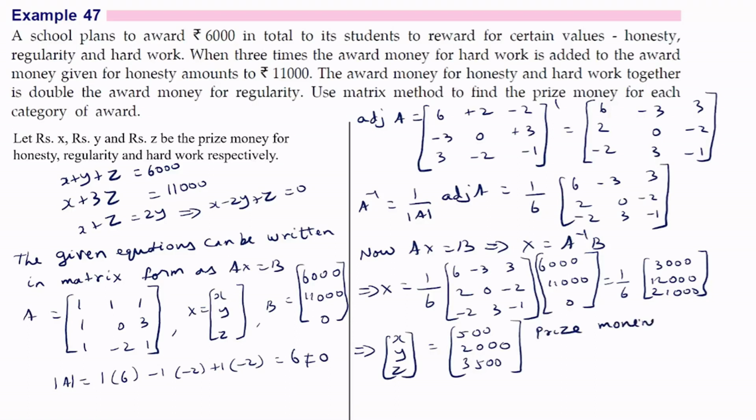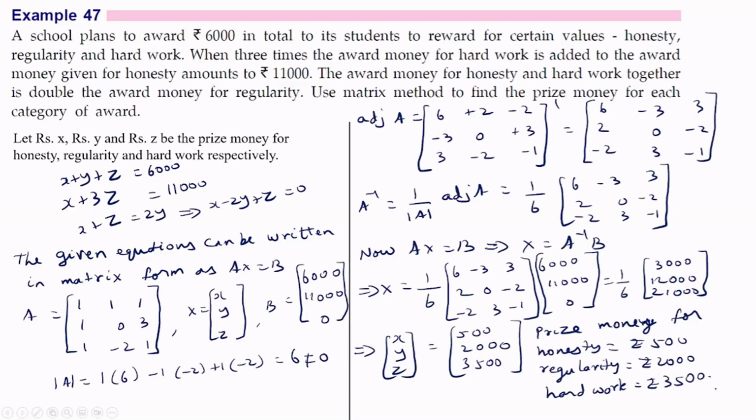So the prize money for honesty is rupees 500, regularity is rupees 2,000, and hard work is rupees 3,500. So this is the prize money for each of these values.